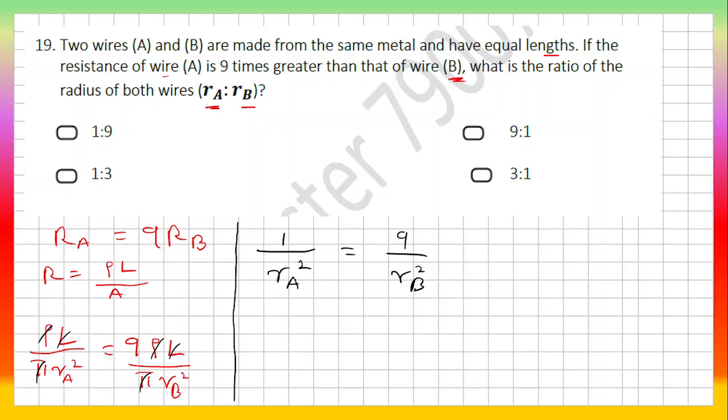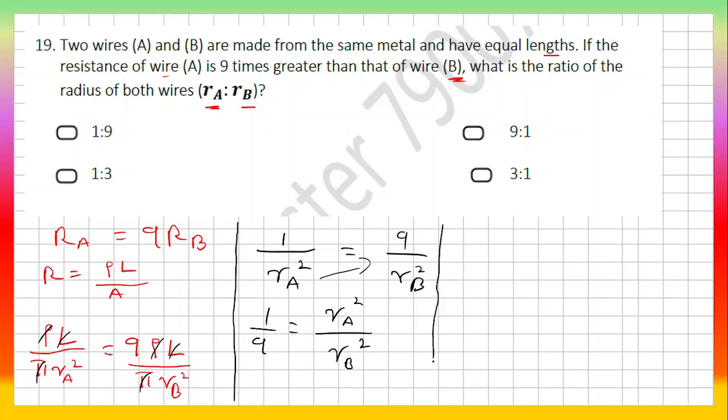So what do I do here? Just play around with them. I'll make sure I have RA over RB. So I'll take this to this side and then bring the 9 down. So I'll end up with 1 over 9 is equal to RA squared over RB squared.